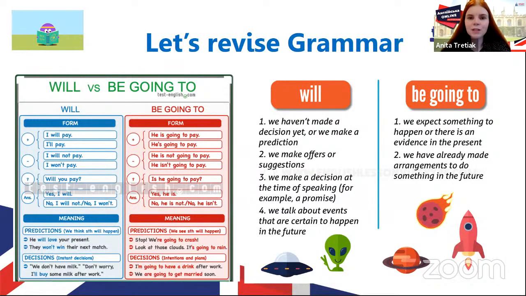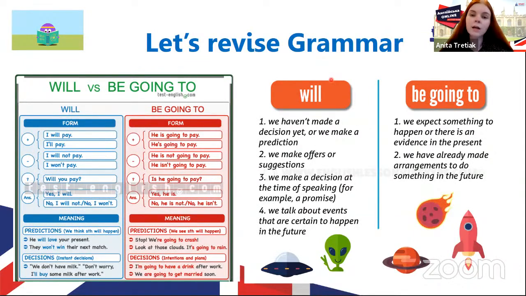So let's start with will and when we can use it. So the first situation that you can see here, we haven't made a decision yet, or we make a prediction. So what does it mean? It means that you're talking to a person. Imagine that you have a conversation with this person at the moment.